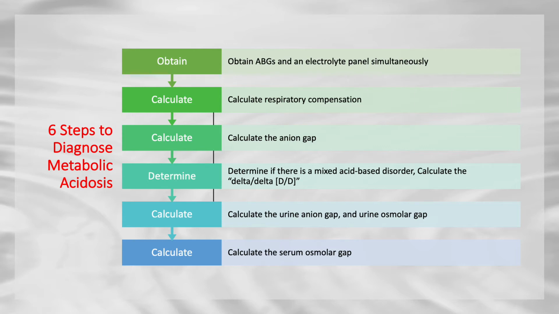We'll talk about that. This will tell you if you have a mixed acid-base disorder, more than one disorder at the same time. Then in special cases of non-anion gap metabolic acidosis, you need to calculate urine anion gap and or urine osmolar gap. And finally, if you're suspecting a toxin, you need to calculate serum osmolar gap. That's the last step, step 6.